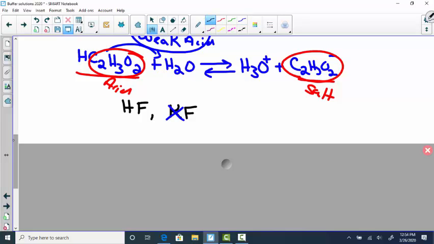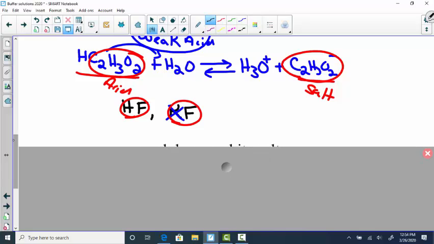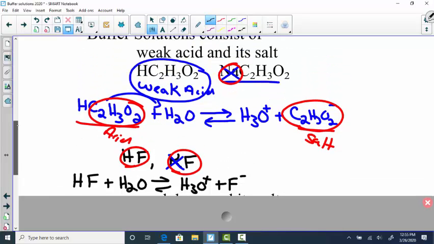So I have the weak acid and I have its salt. And again, if I write the equation for that, this is going to be HF plus H2O in equilibrium with H3O plus F minus. Okay? So, it's any weak acid and its salt, okay?